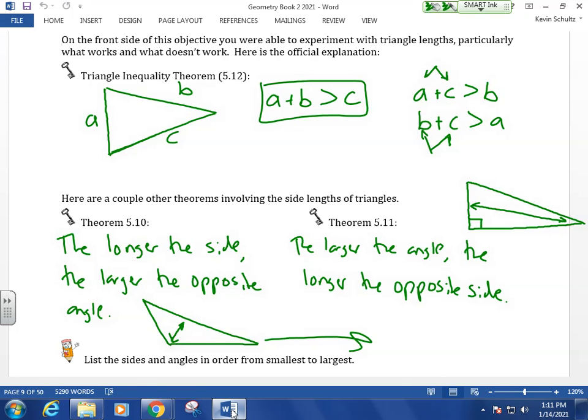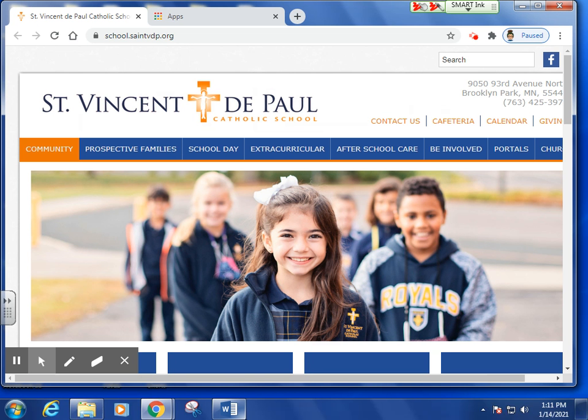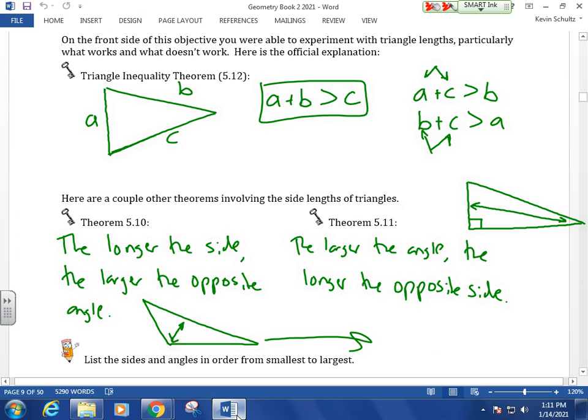And then our medium side here is opposite our medium angle. And our longest side is, like I talked about, opposite our largest angle. So you can order the angles from smallest to largest, and the opposite sides will then follow shortest to longest. Okay.